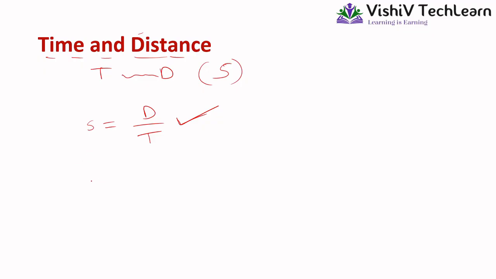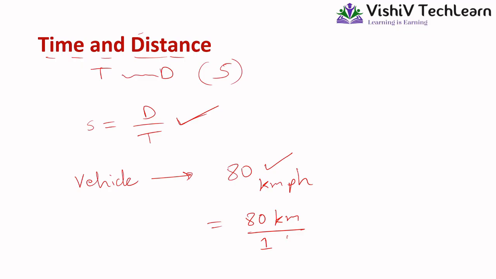When a vehicle is running with a speed of 80, what do we say? The vehicle has passed with the speed of 80, and this 80 has the unit kilometer per hour. So basically it is 80 kilometers per 1 hour. Within 1 hour the vehicle covers a distance of 80 kilometers.